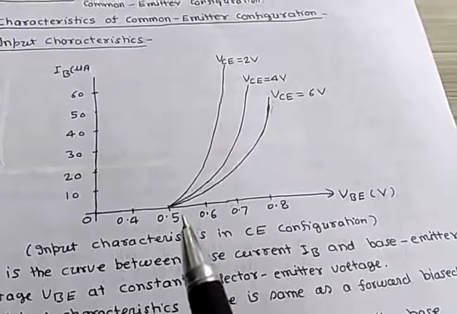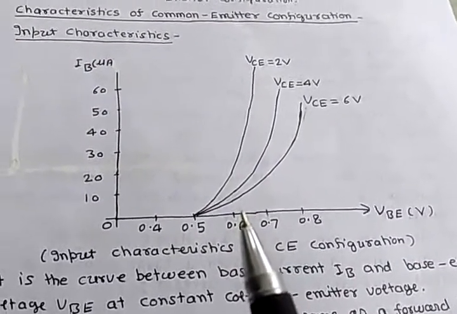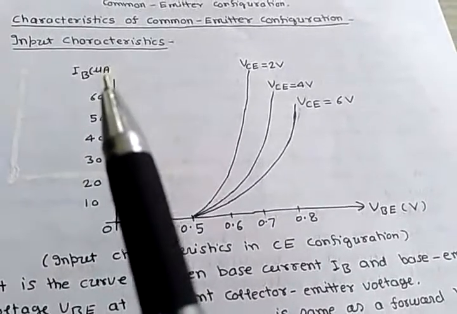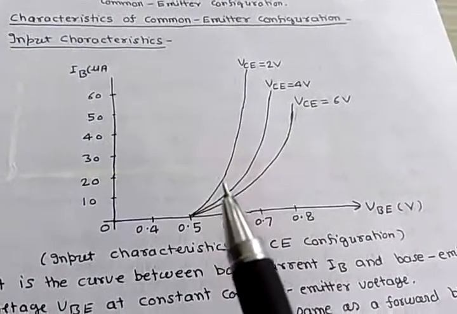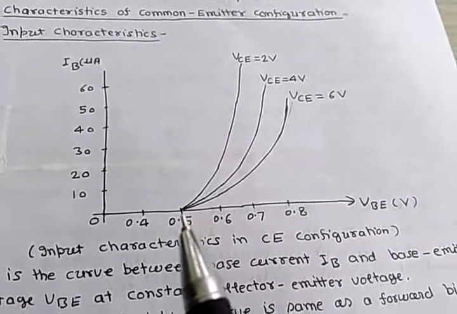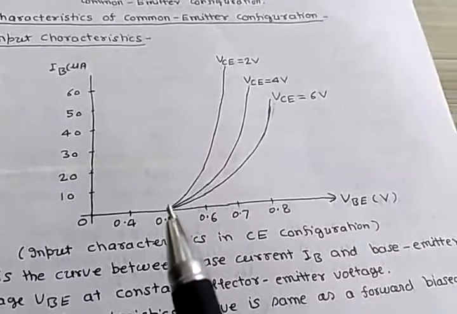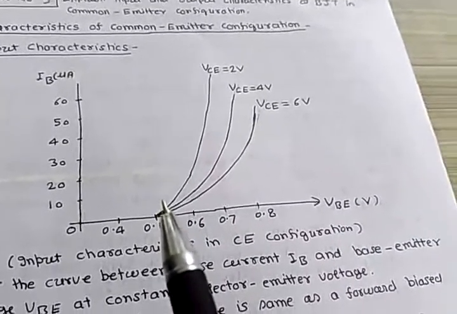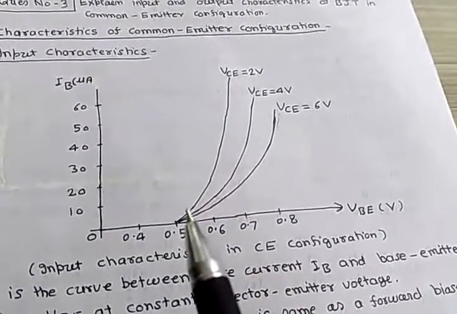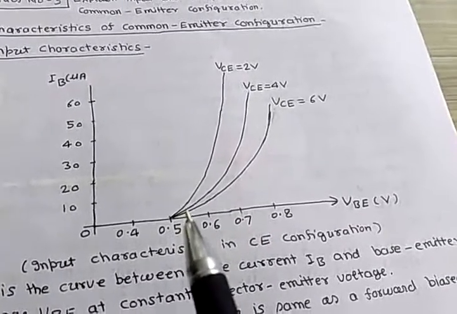The characteristics is almost the same as the input characteristics of common base configuration, but in this case base current increases less rapidly when base emitter voltage increases to 0.5 volt. When base emitter voltage is above the cut-in voltage, the base current increases rapidly, but it increases less rapidly than emitter current in the case of common base configuration.